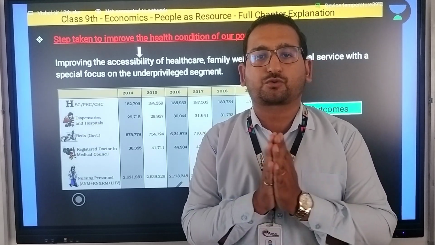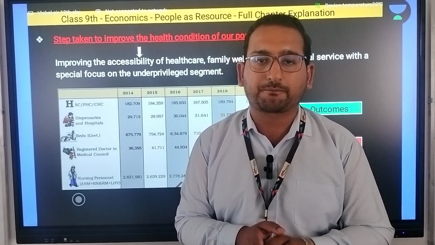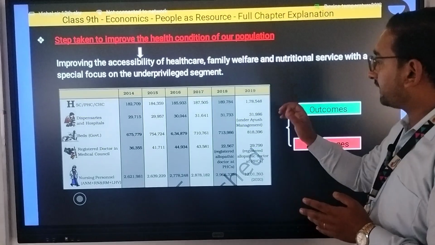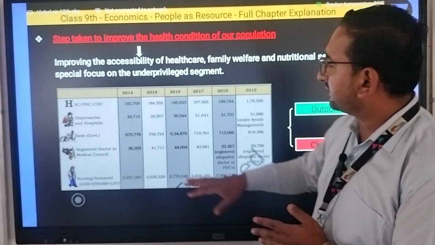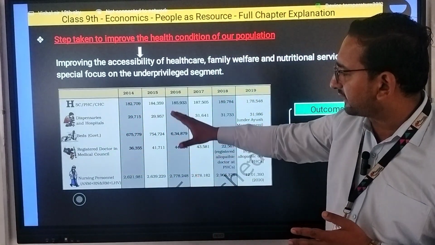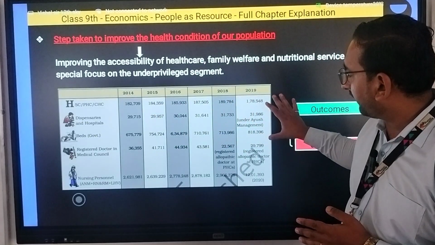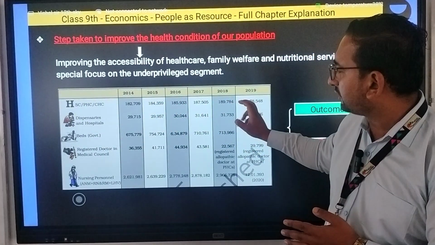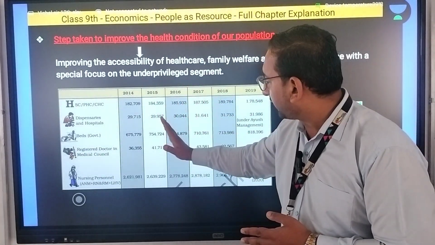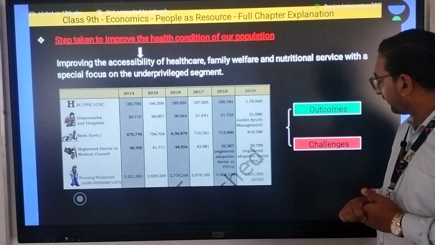Providing good health to the poor community is the first step of our government, and it is the main focus. As you can see, there are different sections of our society, and every year the criteria is increasing.